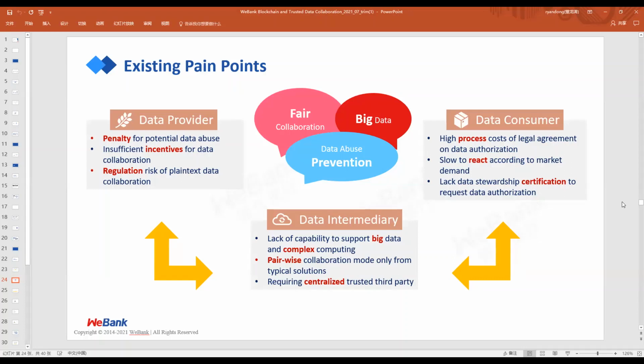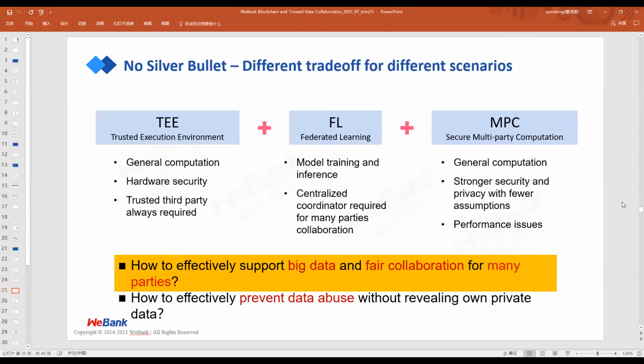Different parties have different concerns, and we are not able to address this issue with a single technology. Instead, we need different technologies to address all of them. Here are the three typical technologies we are looking at. The first is the TEE, like Intel SGX. It's more like a black box.